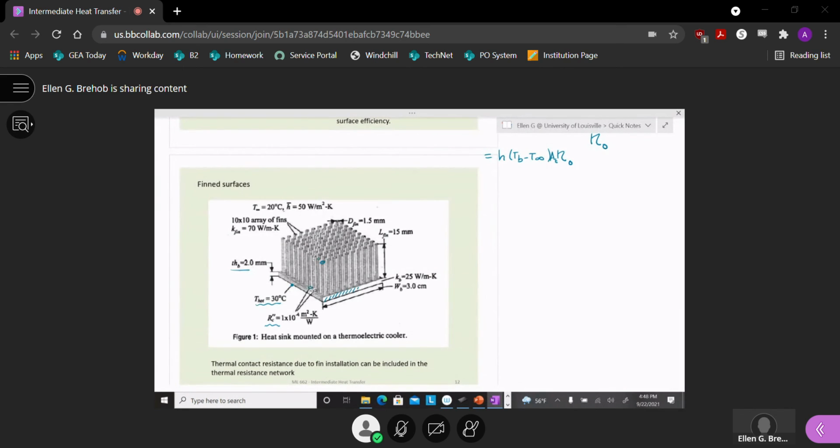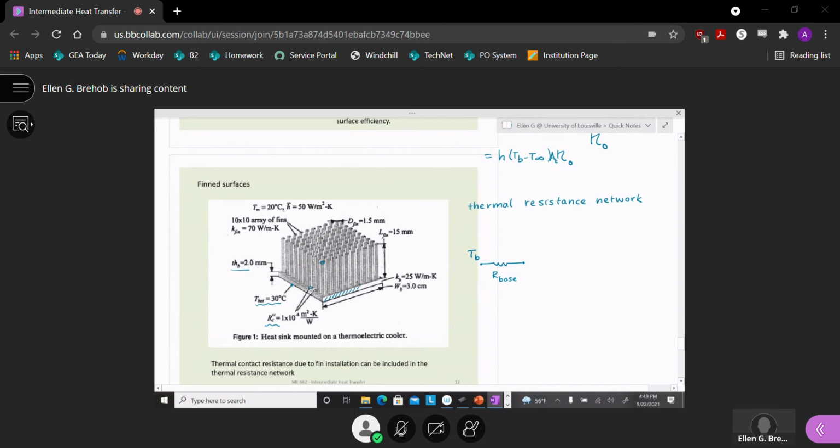If I was going to draw a thermal resistance network for this surface and come up with how much heat I can pull from that finned surface, I'm starting with the base, and I guess I called this R the base.